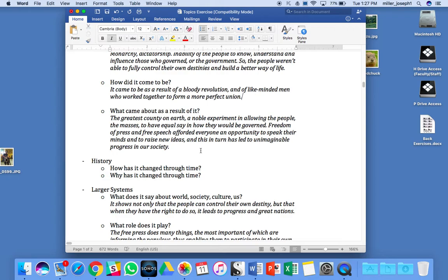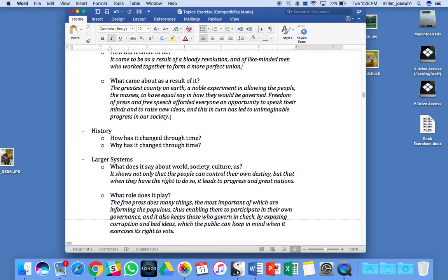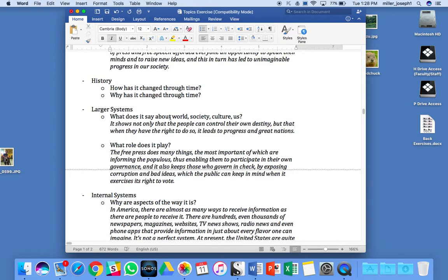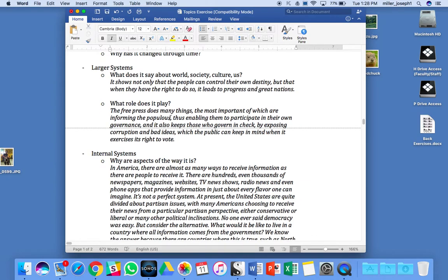So the greatest country on earth, a noble experiment allowing the people and the masses to control themselves, freedom of speech and freedom afforded everyone an opportunity to speak their mind and raise new ideas. That has led to unimaginable progress in our society. Those are all kind of similar vein.